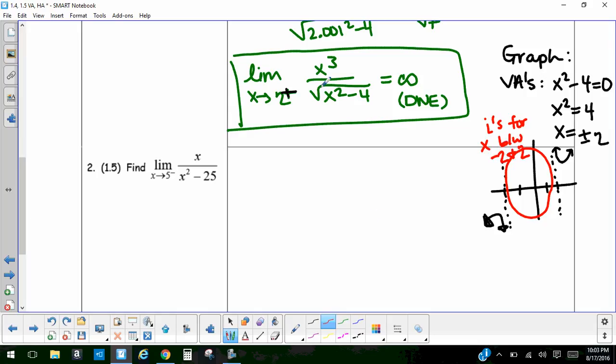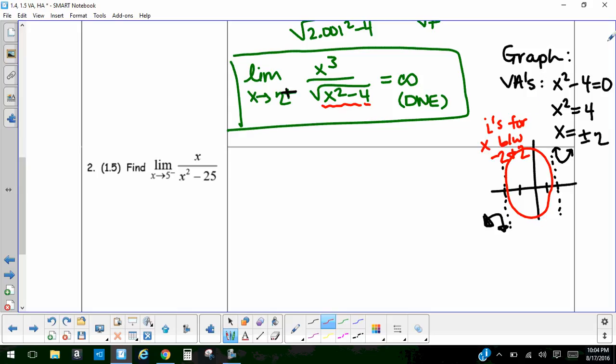And you can check that by thinking through, if you come back up here, if you pick like 0, 0 squared is 0. 0 minus 4, that means that's a negative. I actually get negative values in that radical for any numbers that are 0 over to 2 and 0 over to negative 2. So that graph would just be empty.